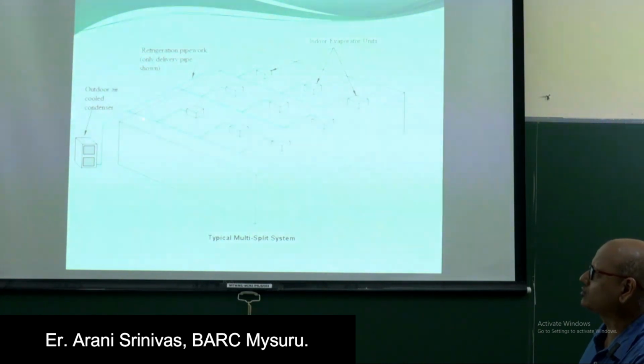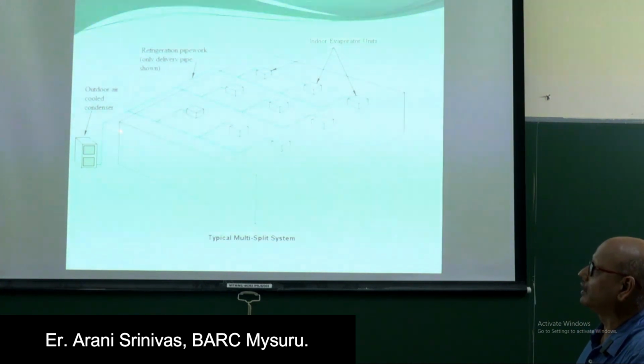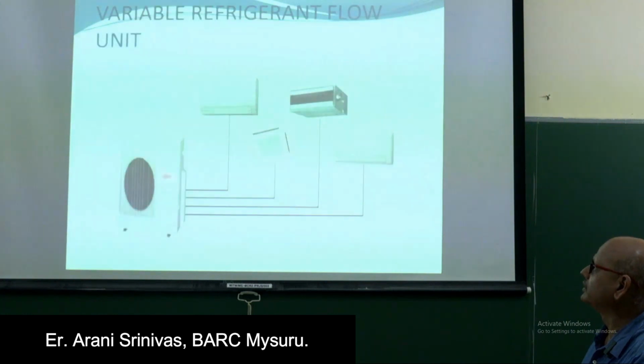The vapor gets cooled by the outside air and becomes liquid, and this liquid goes to different rooms. In all these lines, it gets evaporated, takes heat from the room and comes back to the compressor. This is the multi-split system.